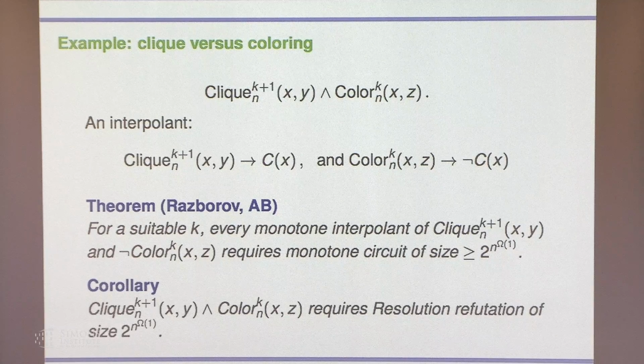Of course, you don't want to make the computational model so strong that you wouldn't be able to prove any lower bounds. But for cutting planes, the lower bound that I mentioned actually proceeds by interpolation.